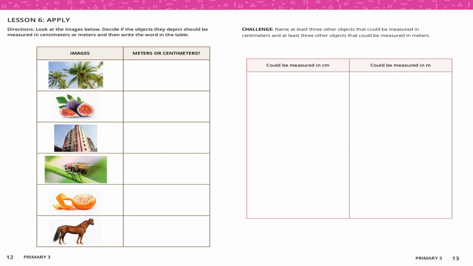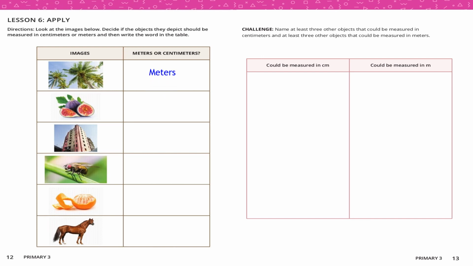Now let's apply. Our lesson 6 is applying measurements. We have here some images and we will decide if we can use meter or centimeter to measure it. Don't forget, meter is the unit used for long items and centimeter is used for short items. We have some trees here. We will measure them using meter, sure.